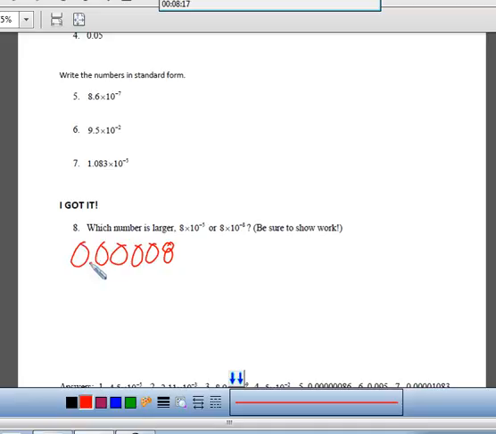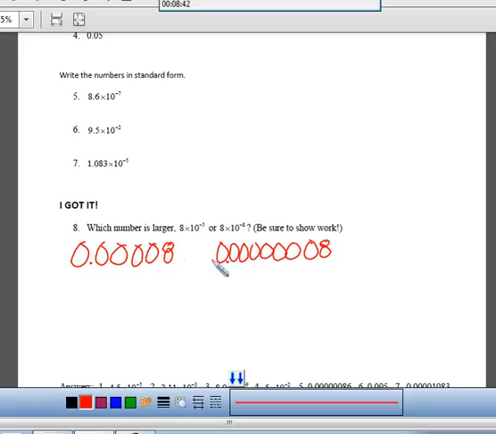And I put a decimal in between the 2 on the end, so technically there's 4 zeros. Or I have 8 times 10 to the negative 8, so I'll do 8 zeros, put my 8, and then put a decimal in between the first 2. So what do I have here?